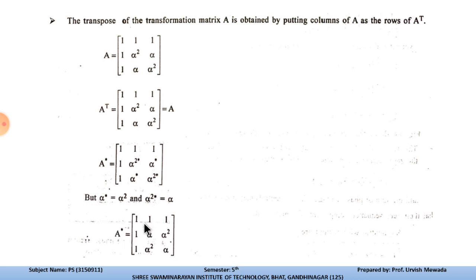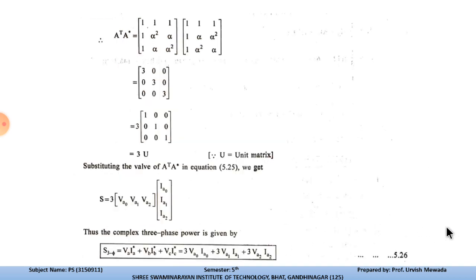So A conjugate is equal to [1 1 1; 1 alpha alpha square; 1 alpha square alpha]. This is the matrix that we form by applying this rule. So A transpose into A conjugate: A transpose that we got in the previous slide is [1 1 1; 1 alpha square alpha; 1 alpha alpha square], and the A conjugate that we got is [1 1 1; 1 alpha alpha square; 1 alpha square alpha]. Multiplying these two, we get [3 0 0; 0 3 0; 0 0 3]. So we have all the equations related to this.